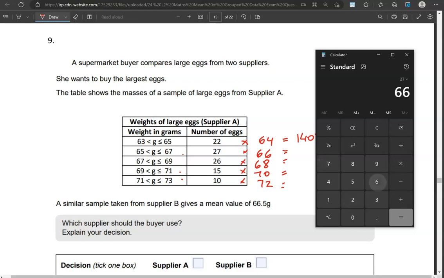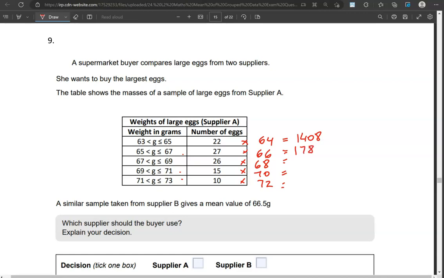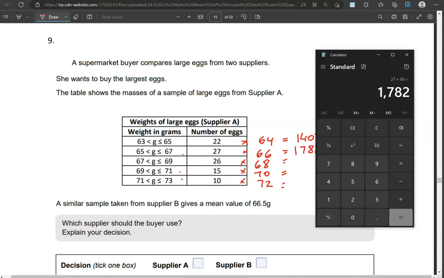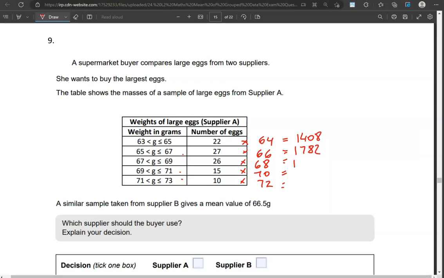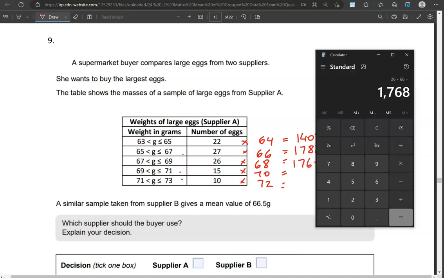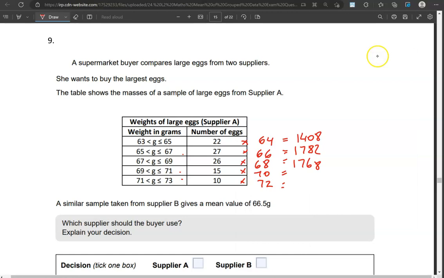27 times 66 gives us 1,782. 26 times 68 gives us 1,768. 15 times 70 gives us 1050. 10 times 72 gives us 720.